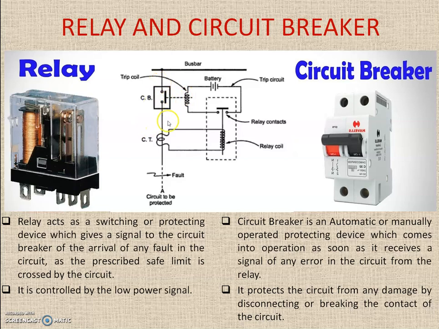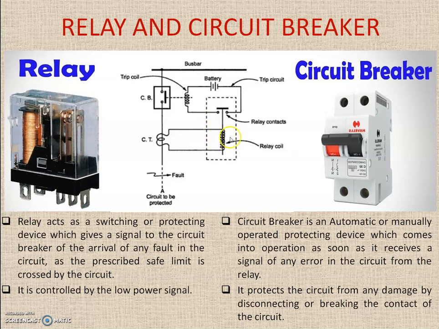So this works like this. In the event of a fault in the system, the current sensed by the current transformer will be very high, and it will go above the set value, and so the current in the secondary of the current transformer will be of higher magnitude.